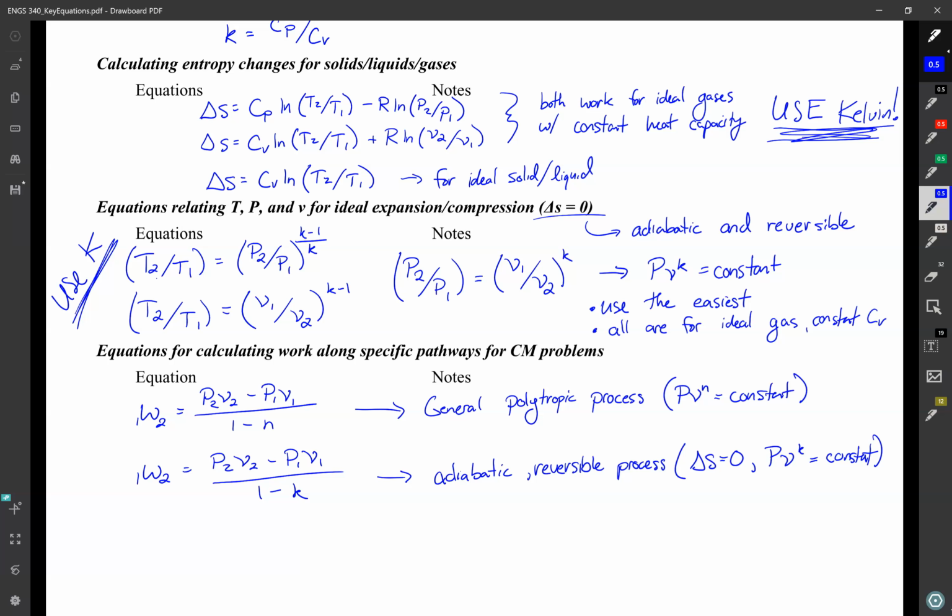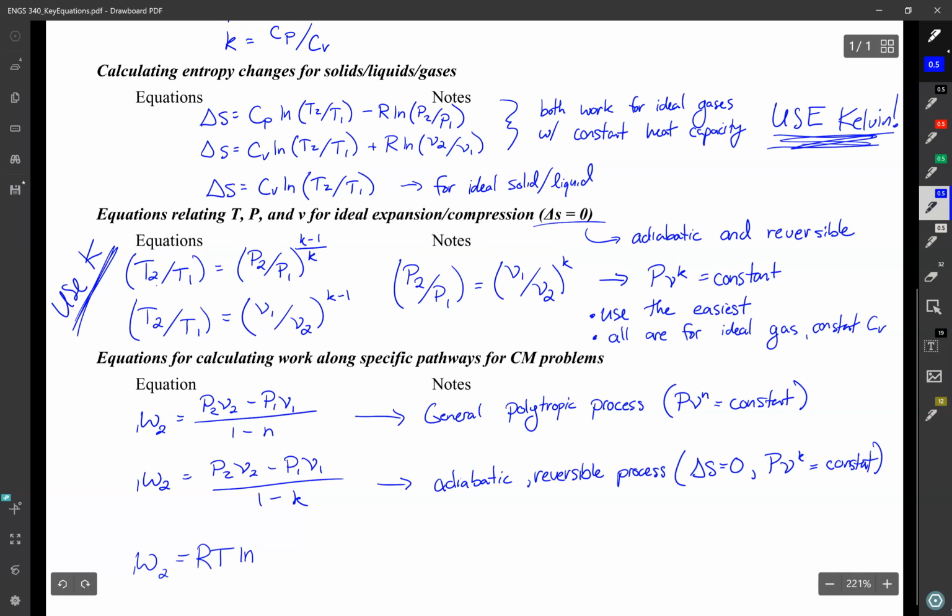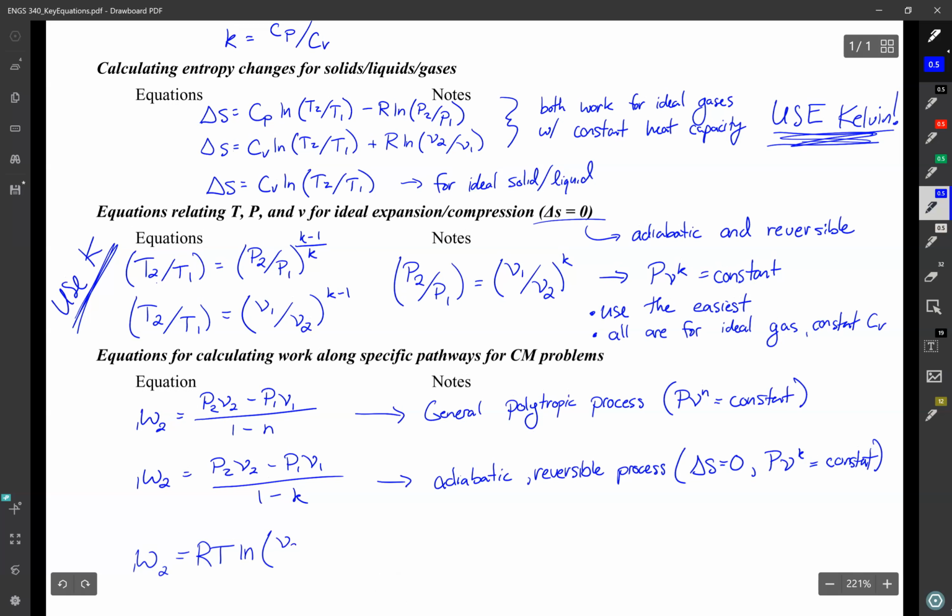The last kind of interesting equation, the interesting special case, is for an isothermal process. For an isothermal process, we have a couple of equations. Work equals RT times the natural log of V2 over V1. I think I only wrote one of these in class, but they're all equivalent.